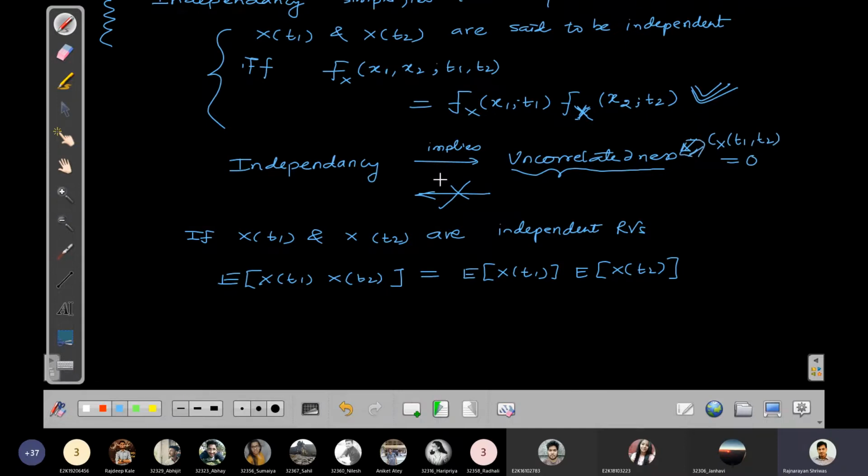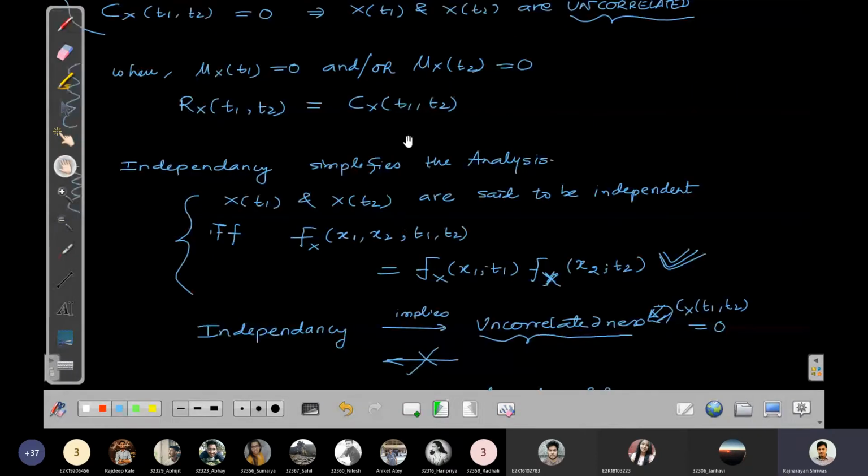So this is independent, so covariance will be 0. If covariance is 0, then the AC term will not be there at all. So this will go to 0.